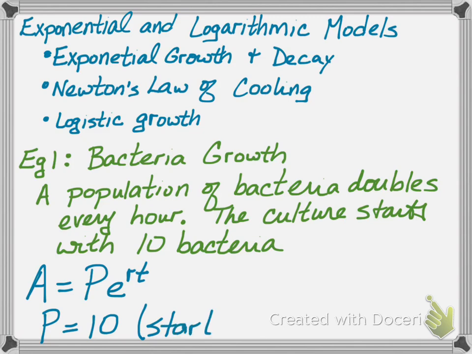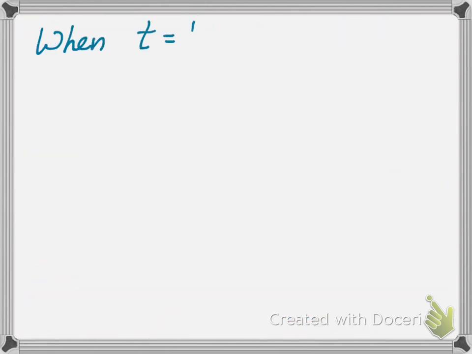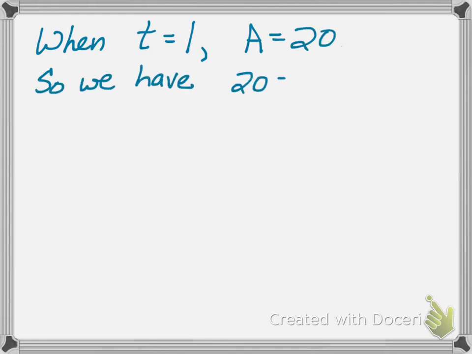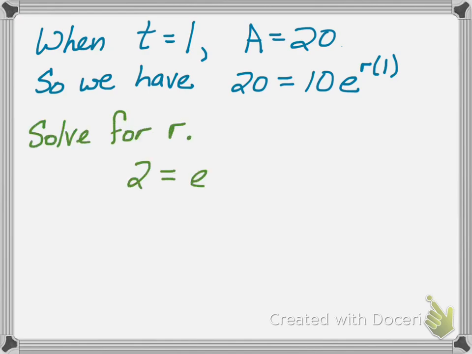So for us, our starting population is 10. There are 10 bacteria to start with. When time equals 1 hour, the amount equals 20. So we'd have the equation 20 equals 10 times e to the r times 1. Solving for r, we get 2 equals e to the r. I divided both sides by 10.